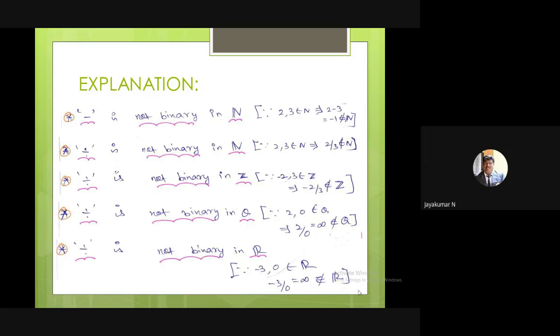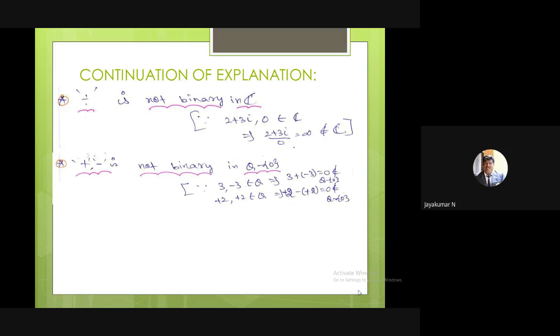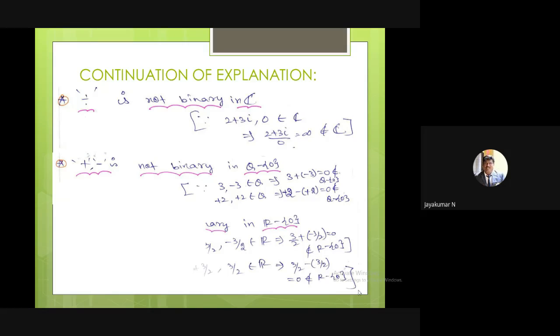Then division is not binary in R, that I also gave the example. Then division is not binary in C also. Then plus or minus 1 is not binary in Q minus 0, already we discussed. Similarly, plus or minus 1 is not binary in R minus 0, that we also discussed.